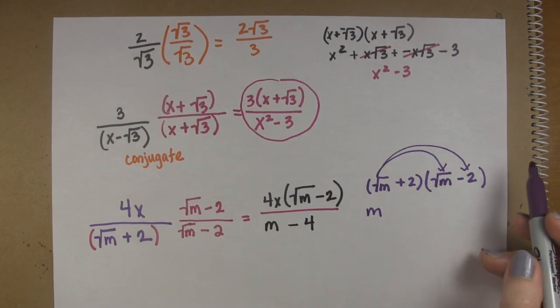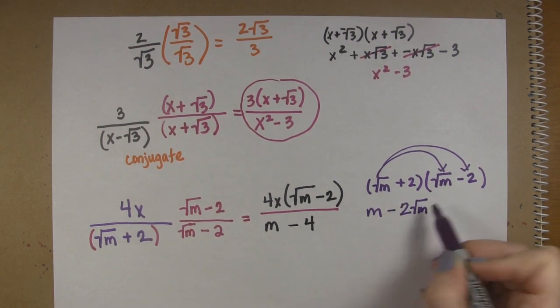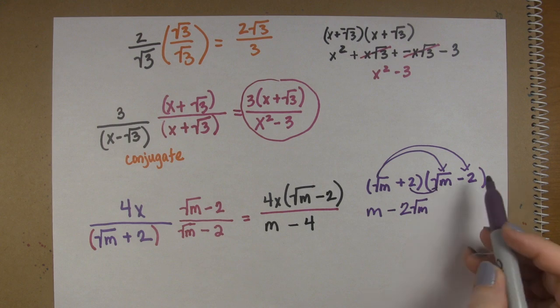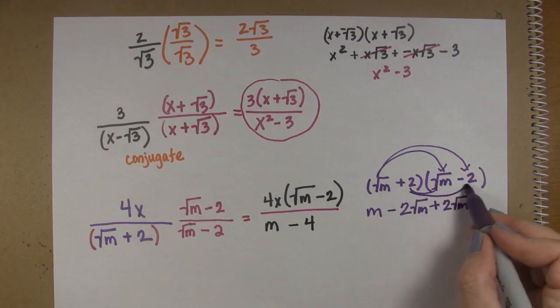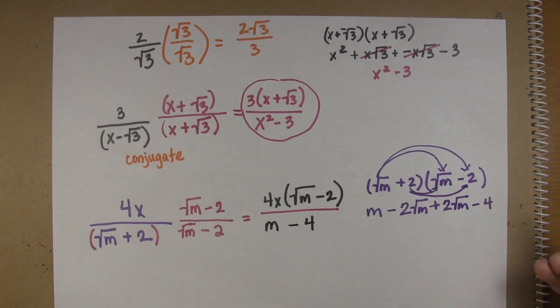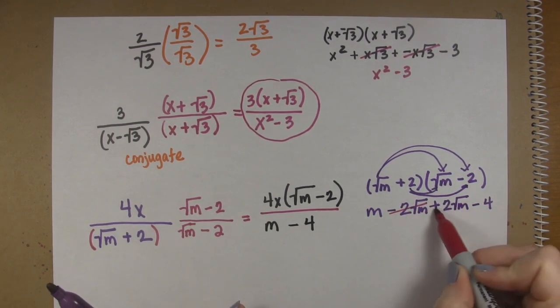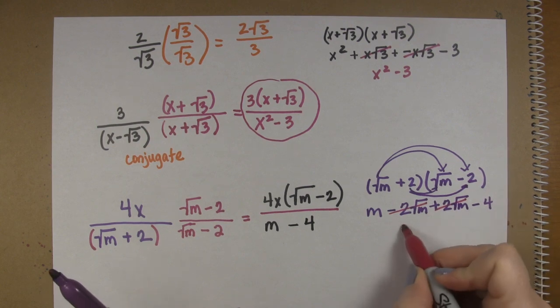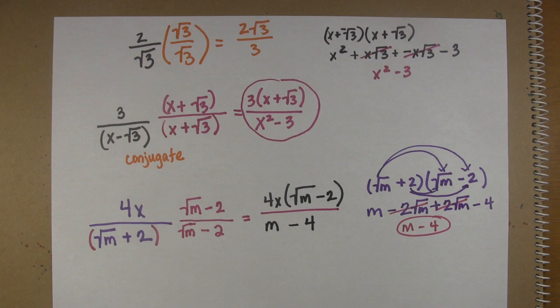Square root of m times negative 2 gives you negative 2 root m. 2 times root m gives you 2 root m. And 2 times negative 2 gives you negative 4. These two terms, this one is negative and this one is positive, so they cancel out, leaving you with m minus 4. That is how I got there.